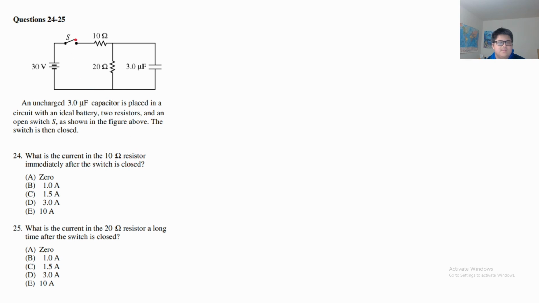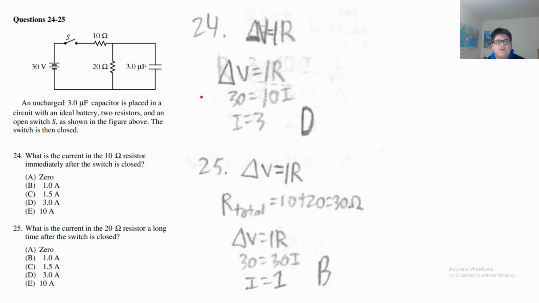Well, immediately after the switch is closed, the capacitor behaves like a regular wire, so we can just think of this as a wire.